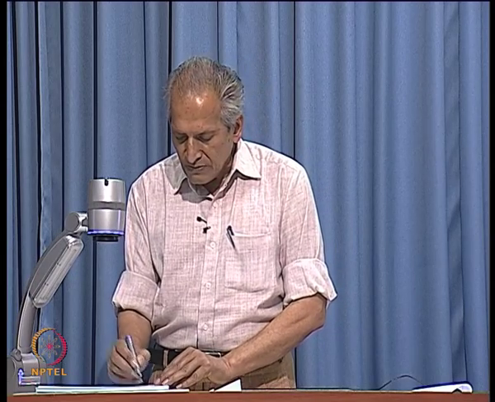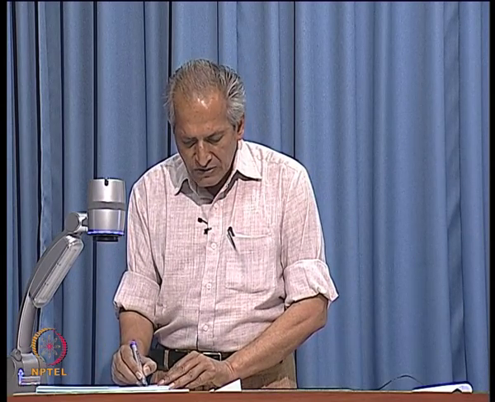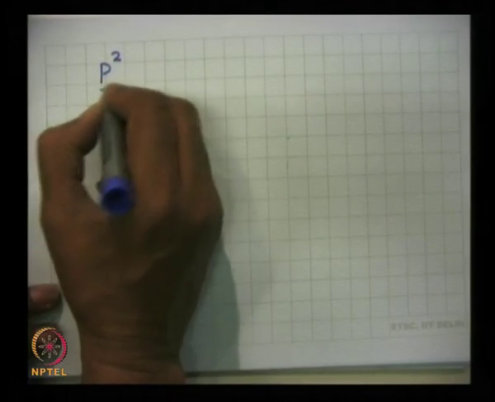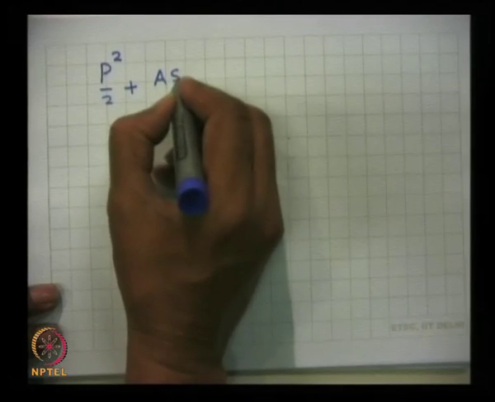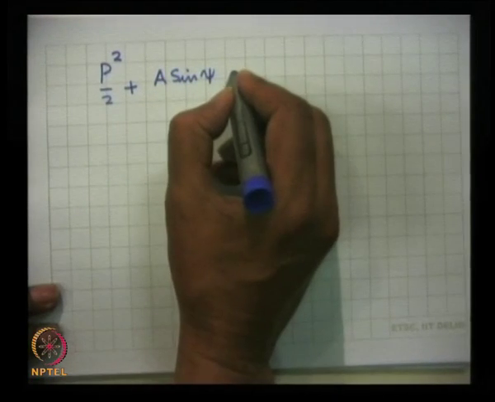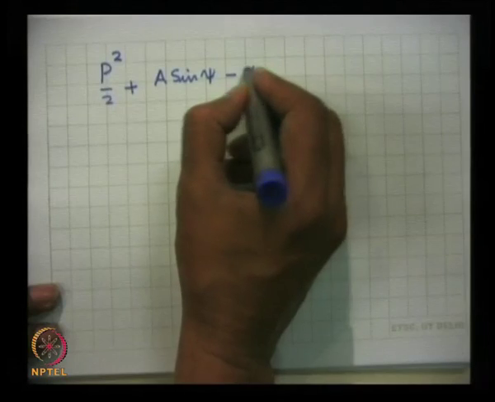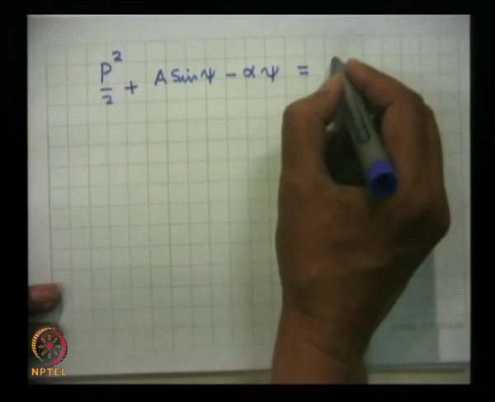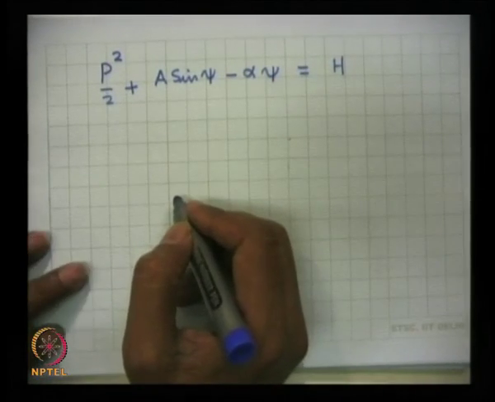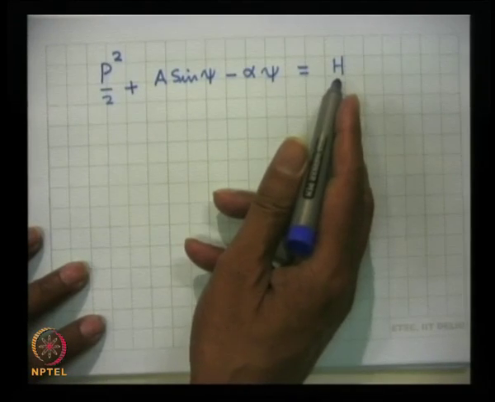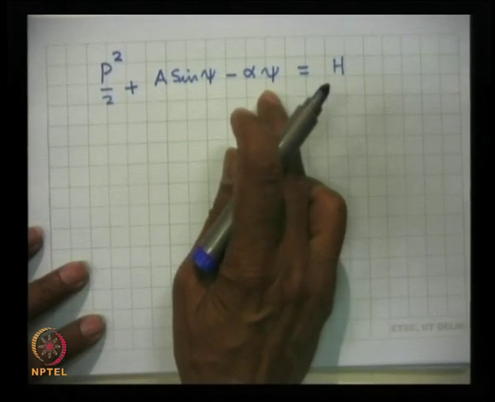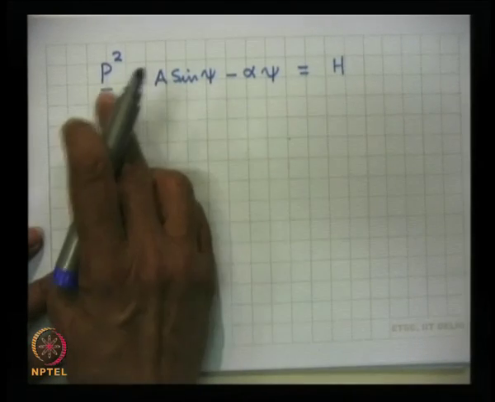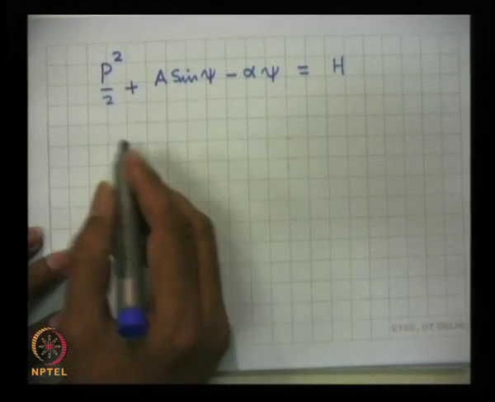So, when you solve this set, you get as the integral p square by 2 plus a sin psi minus alpha psi is equal to a constant of integration, which I call h, and this can be evaluated by using the initial conditions at some point, when at the entry point psi is psi in, p is p in or p0.